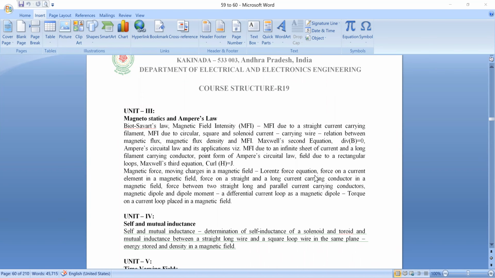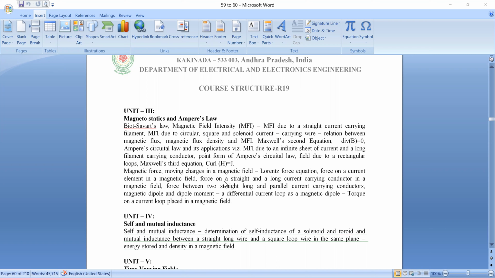Lorentz force equation. What is the Lorentz force equation? When a current element, that means a current carrying conductor or a filament, which is also named a current element, is placed in a magnetic field, what about the force?